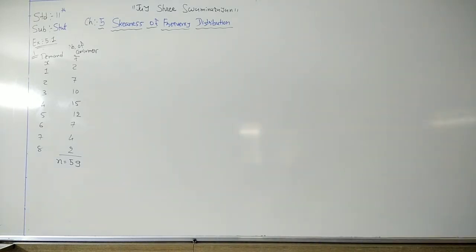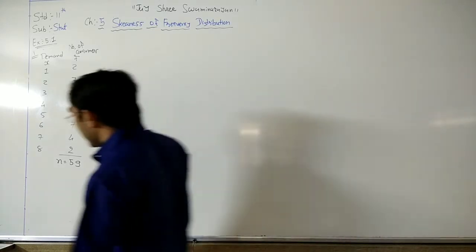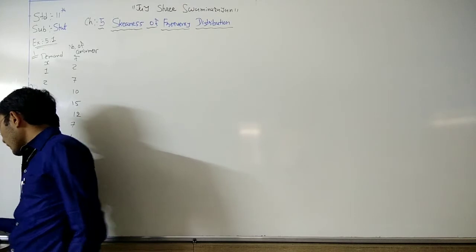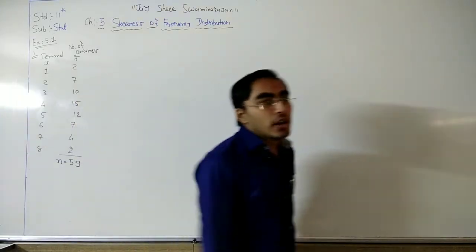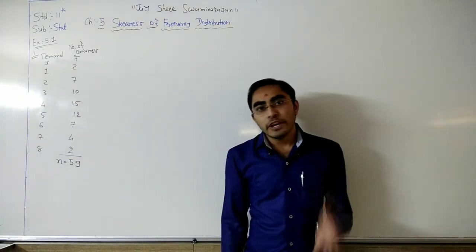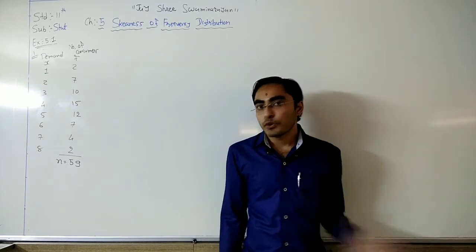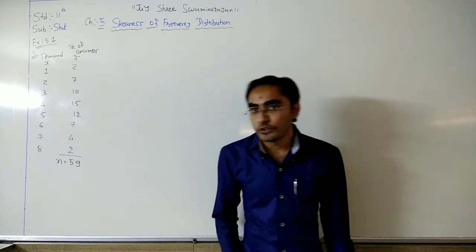Here we need to find the coefficient of skewness by using Karl Pearson's method. In Karl Pearson's method we have two formulas for finding the coefficient of skewness.